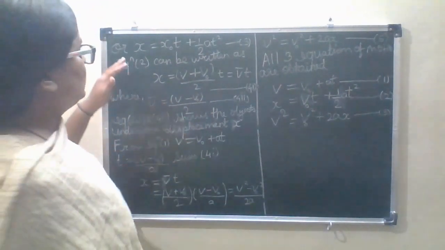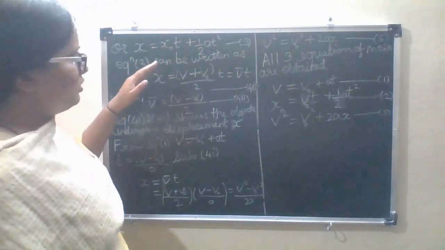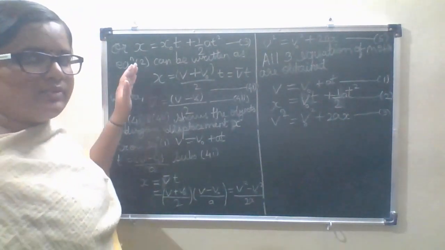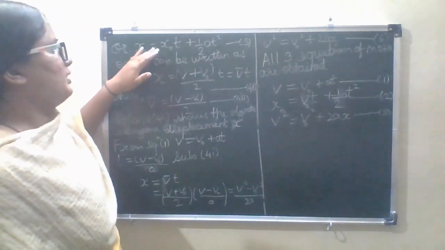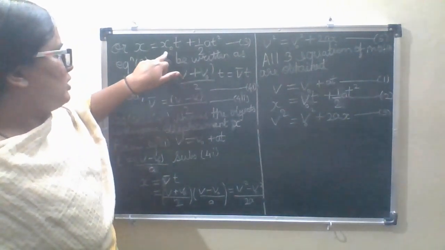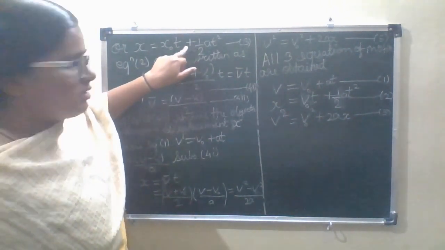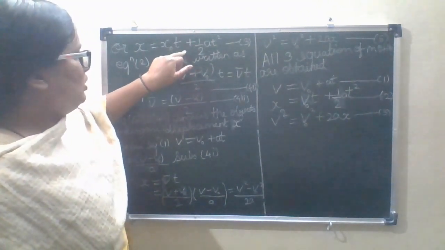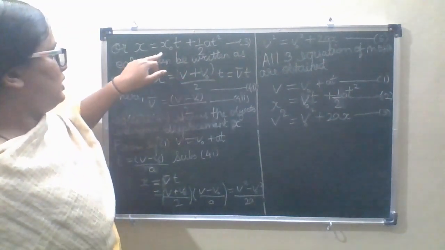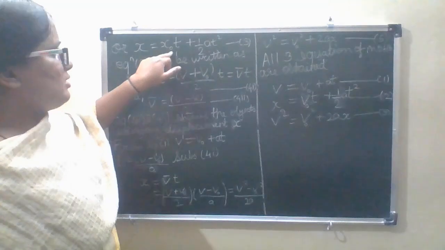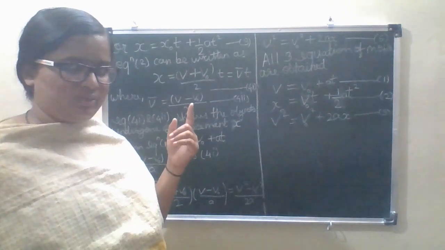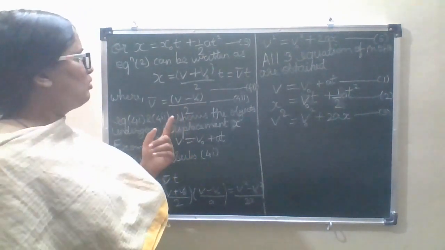After that, from equation 3 we have substituted the value of acceleration, and the equation can also be written as x is equal to 1 by 2 at square plus x0 into t.